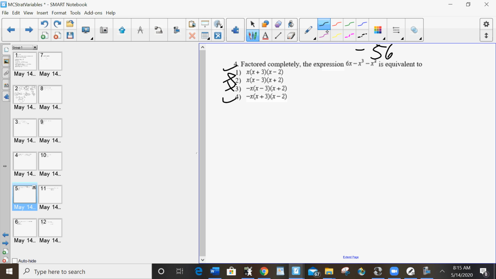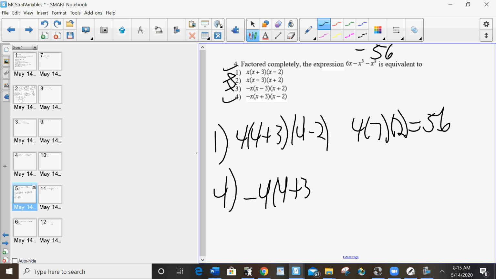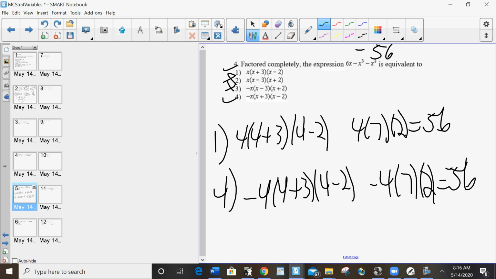So choice 1, again I'm plugging in 4 now. I get 4 times 7 times 2, which is 56. 2 and 3 were already eliminated. Negative 4. 4 plus 3. 4 minus 2 is negative 4 times 7 times 2, which is negative 56. Negative 56. That's your answer.